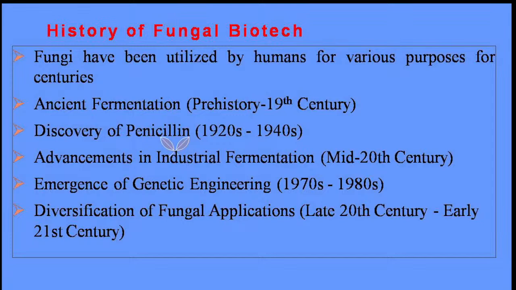Then came the advancement of industrial fermentation. In the middle of the 20th century, we saw significant developments in industrial fermentation processes driven by the need for large-scale production of antibiotics, enzymes, and other fungal products.